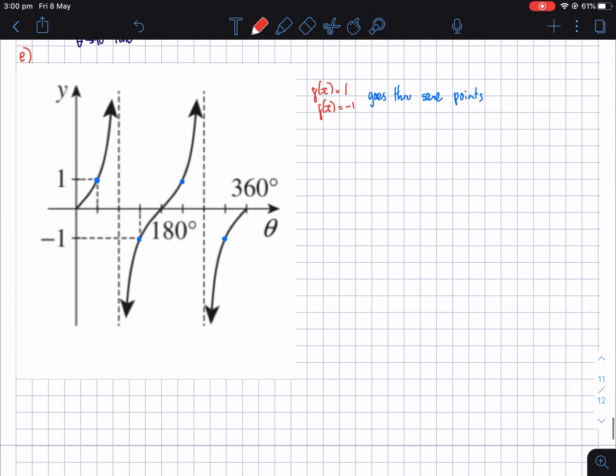Okay, zeros become asymptotes. So we're going to have asymptotes here, here, and here.